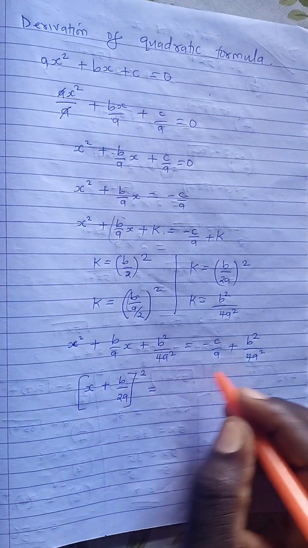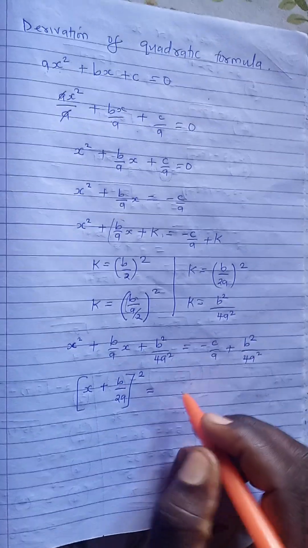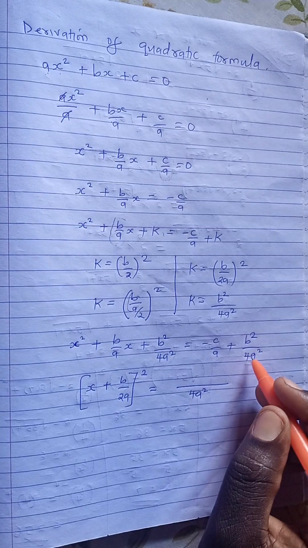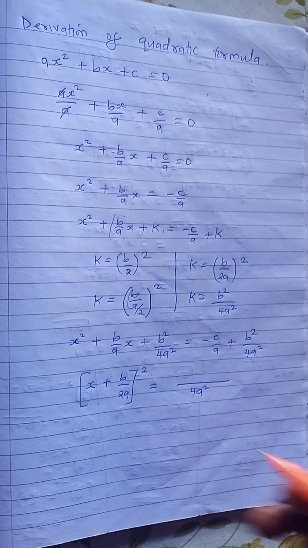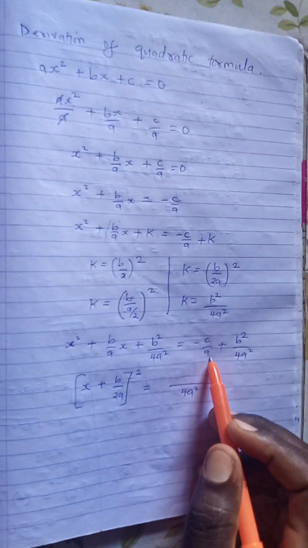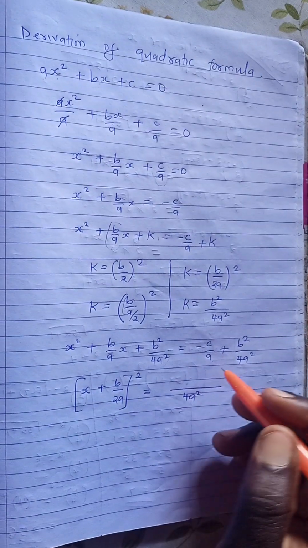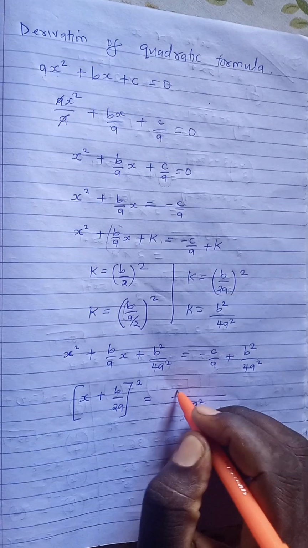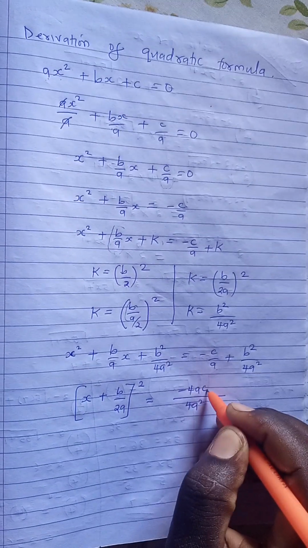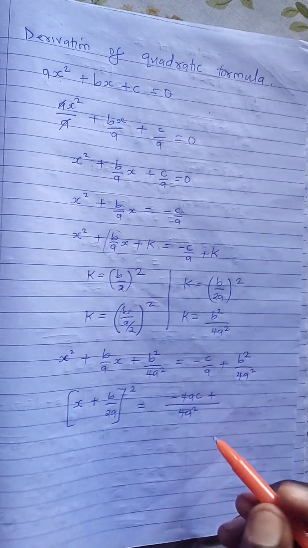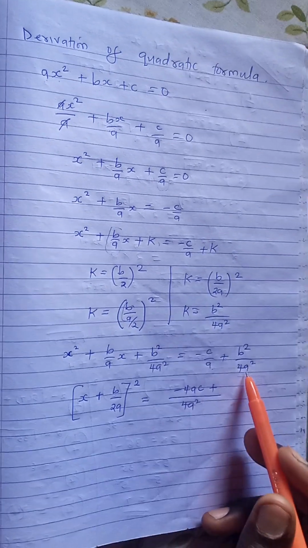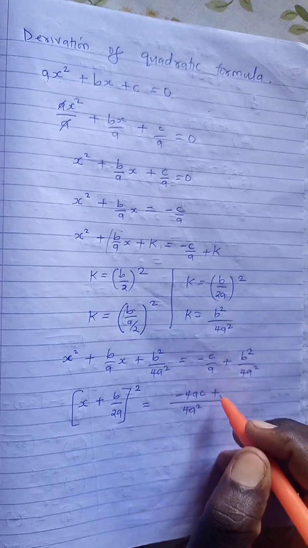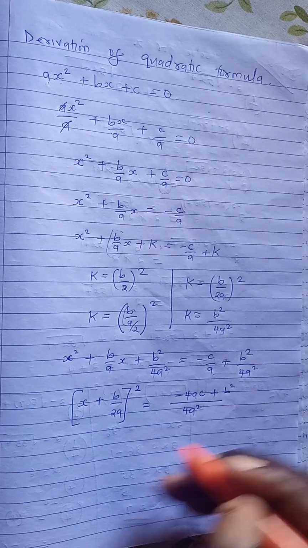Then I equate with the LCM, which is 4a squared. The LCM of a and 4a squared is 4a squared. So 4a squared divided by a will be 4a, and 4a times negative c will be negative 4ac. Plus 4a squared divided by 4a squared will be 1 times b squared, which is b squared.